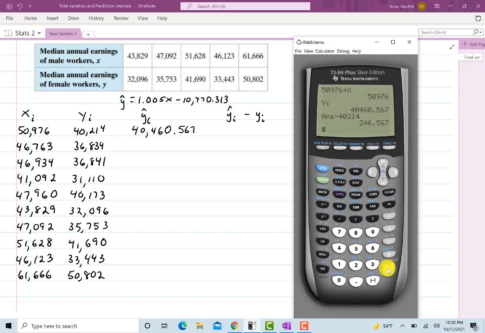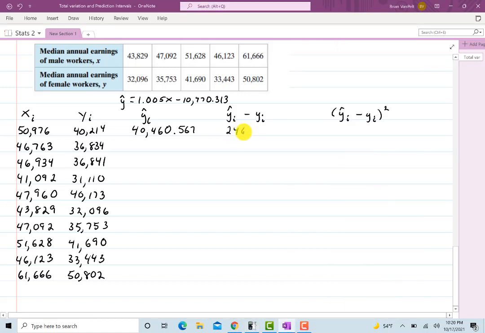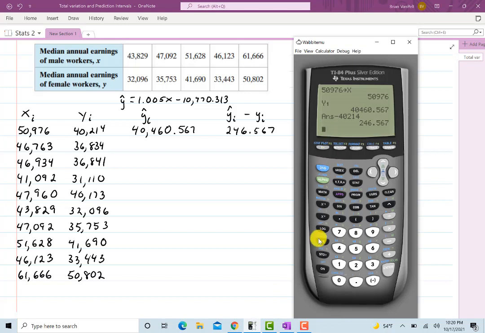I get 246.567. Now I have to square that column. So all I do is hit the square button, and it will square my answer. I get 60,795.